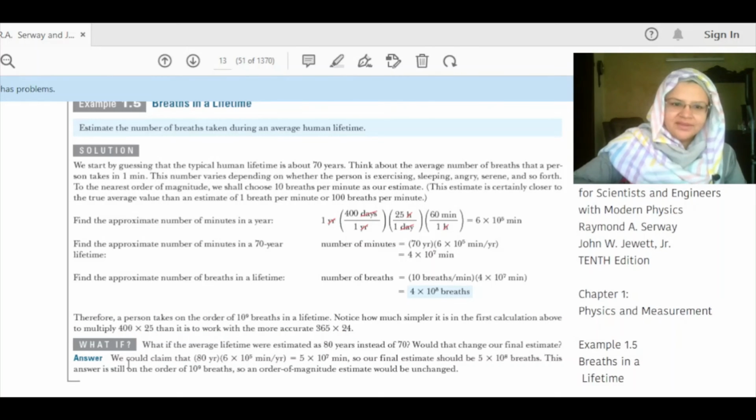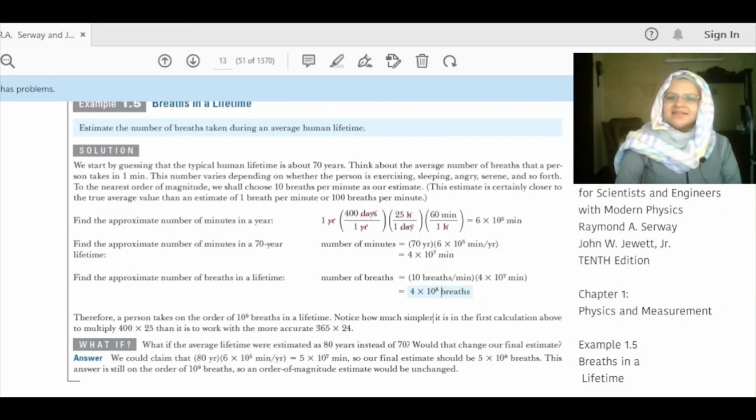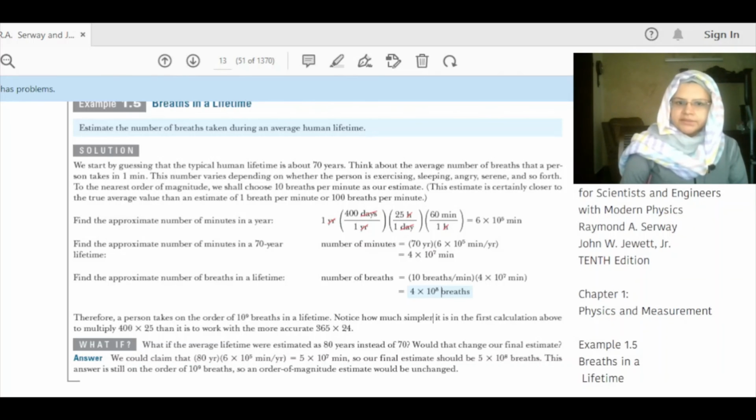What if? What if the average lifetime was estimated as 80 years instead of 70? Would that change our final estimate? 1 year has 6 times 10 raised to power 5 minutes. If we assume the average age to be 80 years, then we will multiply 80 years times 6 times 10 raised to power 5 minutes per year to get 5 times 10 raised to power 7 minutes. 5 times 10 raised to power 7 minutes are the average number of minutes in a person that is 80 years old.